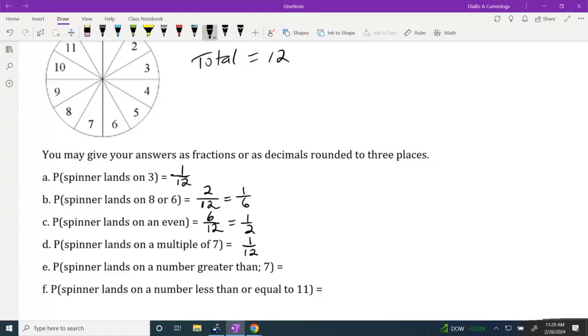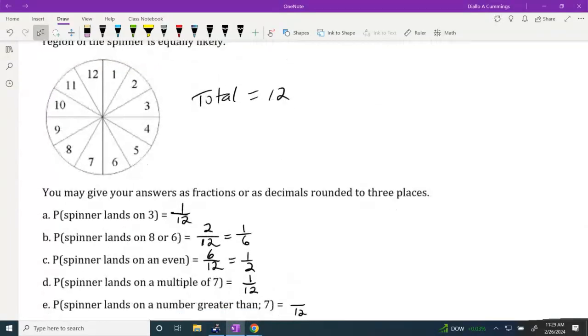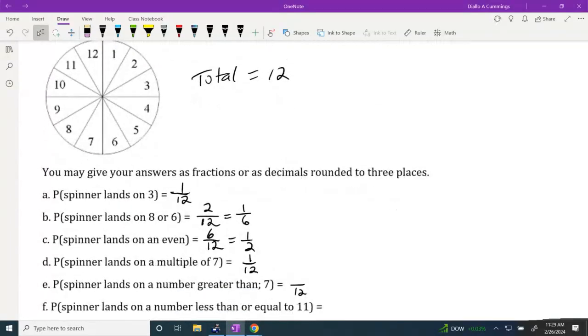E says the spinner lands on a number greater than 7. So there's 12 possibilities. Okay, now this says greater than 7, not greater than or equal to 7. So since this says greater than 7, you would not include 7, right?